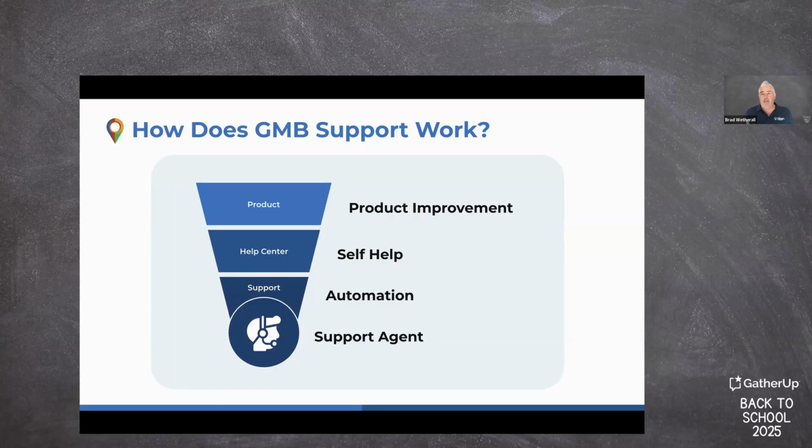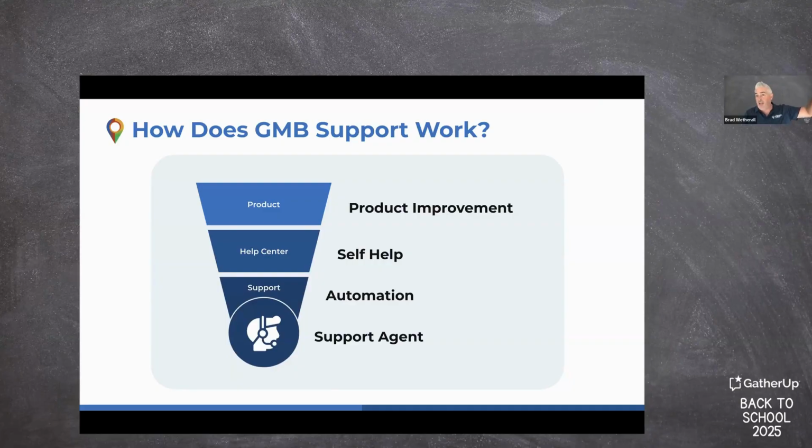If, on the other hand, it was a support issue that required Google to do something, where the user or the business was unable to resolve it on their own, then we would optimize the route to go to a human agent. We wouldn't even attempt to automate it, go straight to a human agent and try and optimize it as well. So that was the philosophy of how we design support.